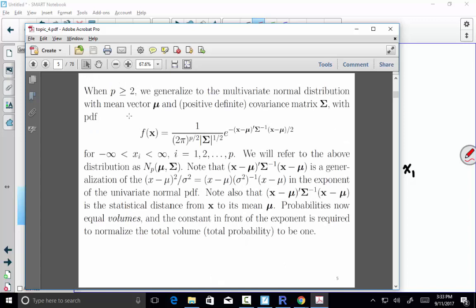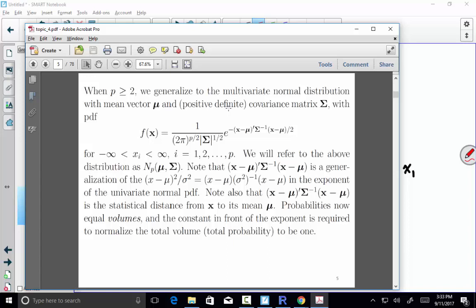Here is the generalization to multivariate normal. You've seen this in homework 1. If p is bigger than or equal to 2, then we have multivariate normal data. We have a mean vector mu and a covariance matrix sigma, which we need to be positive definite.